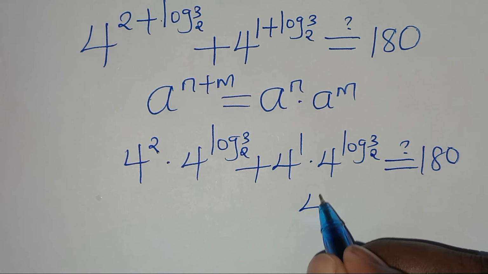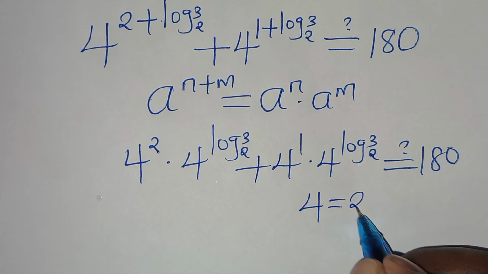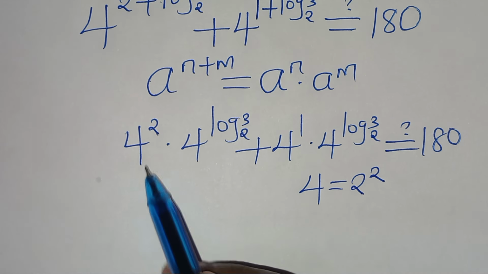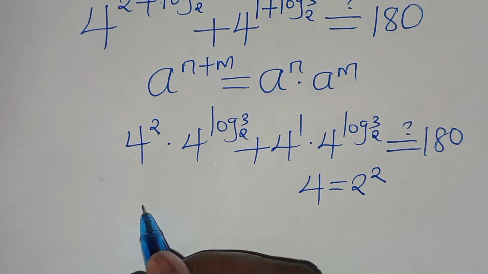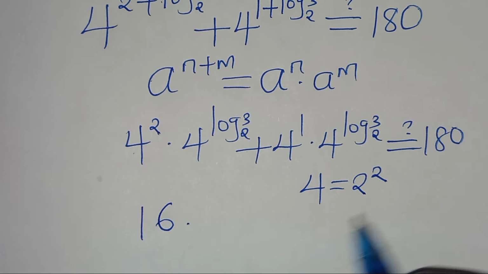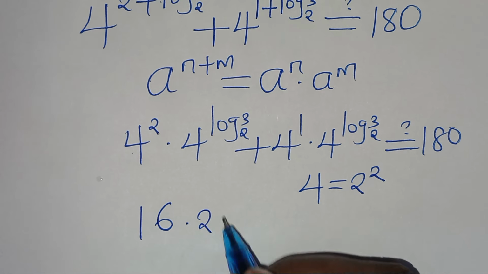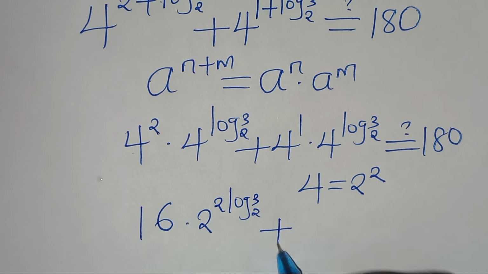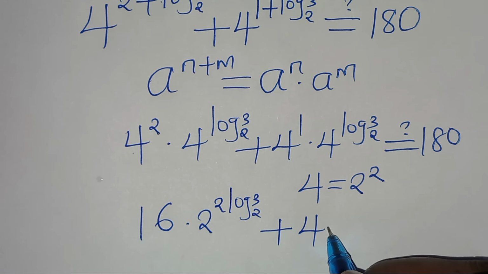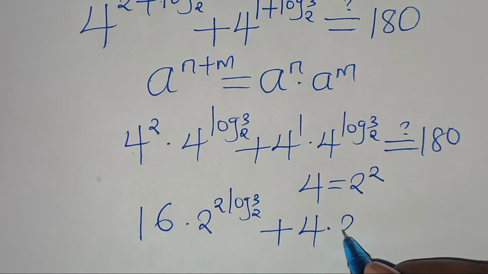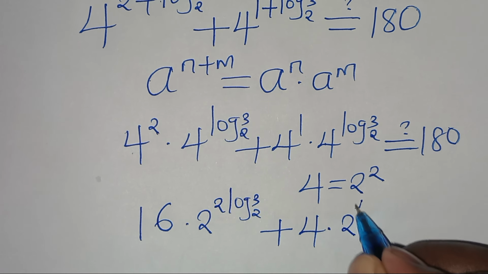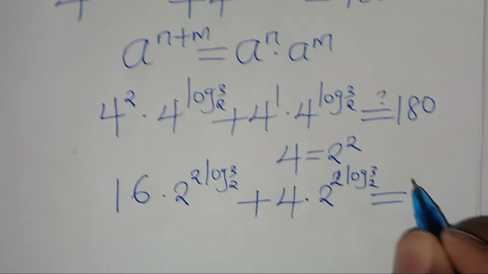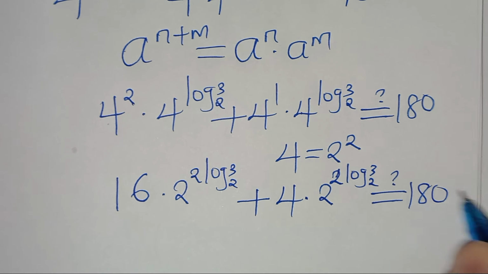We can express 4 as 2 to the power of 2. So this means that 4 squared, this is 16, multiplied by 2 to the power of 2 log 3 to base 2, then plus 4 times 2 to the power of 2 log 3 to base 2. This is supposed to give us a value of 180.